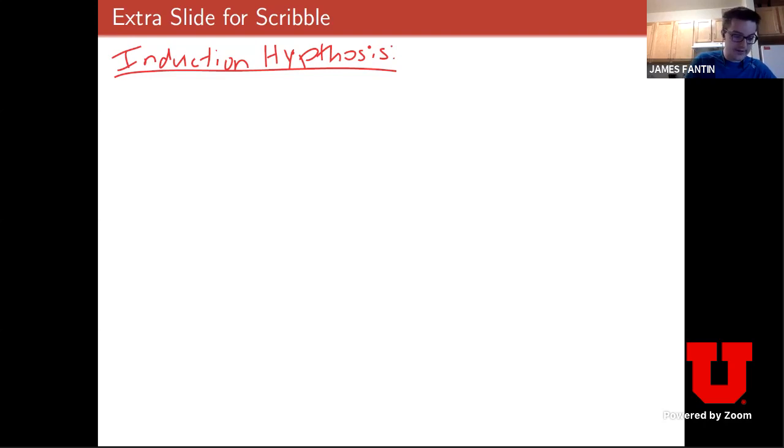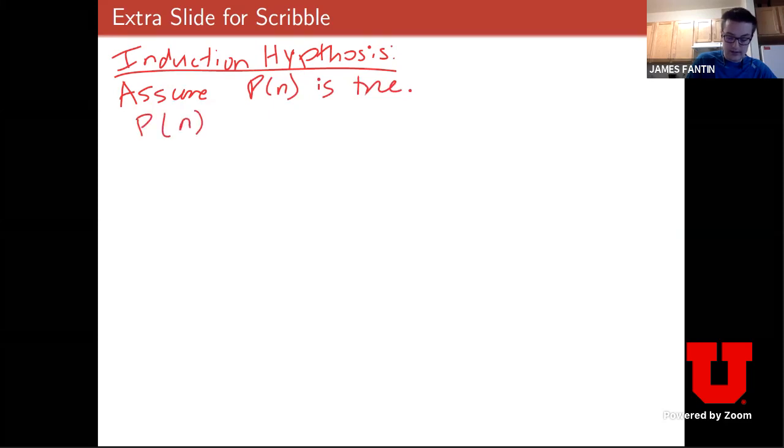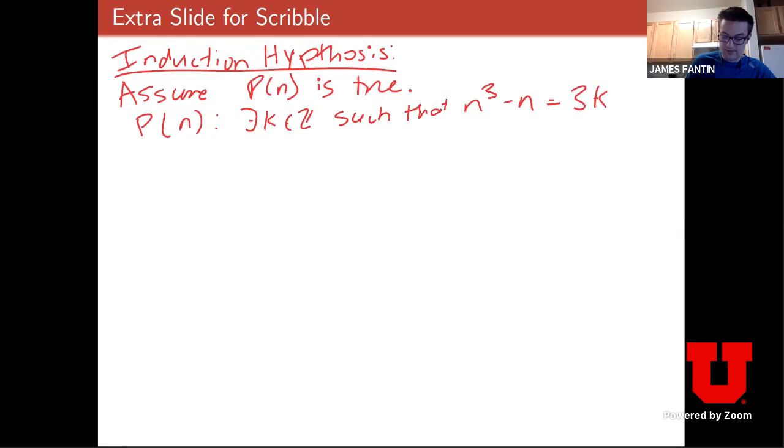So our induction hypothesis is we assume that P of n is true. In other words, that there does in fact exist a k in the integers such that n cubed minus n is equal to 3 times k.